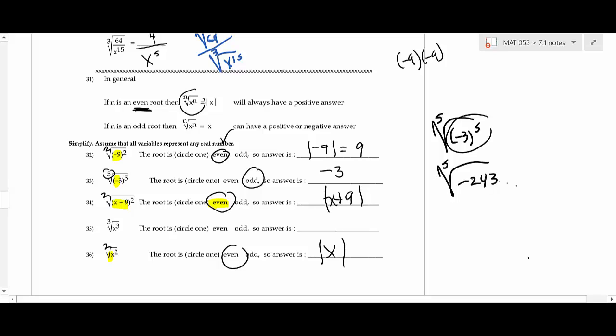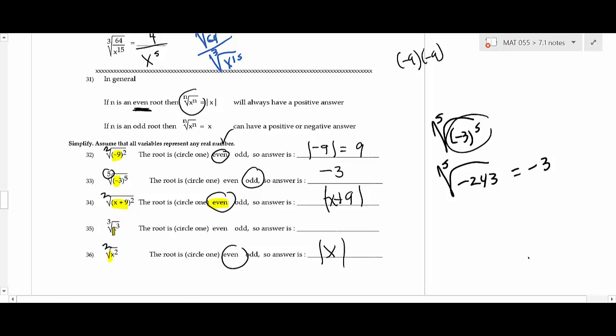Now, if you turned around and did the 5th root, you wouldn't get 3, you would get -3. It's okay to take an odd root of a negative number. That's what you got to get in your head. Odd root of negative number, good. Even root of negative number, bad. That's what it boils down to. You've got to understand how negatives work.